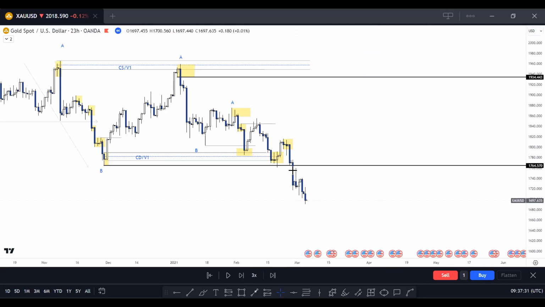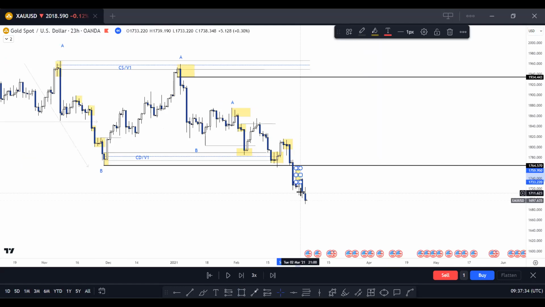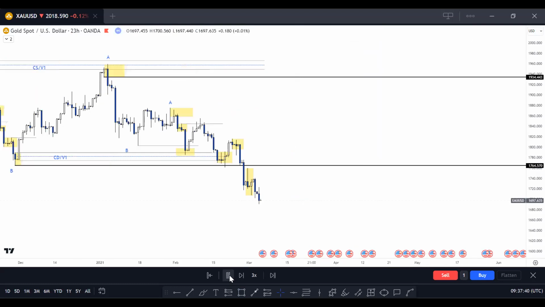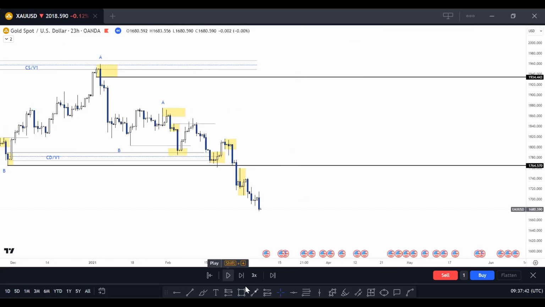This is a key range here. Okay, so play again. Another range. You can see every range that has been formed is towards the direction of A. So B has not been formed yet.